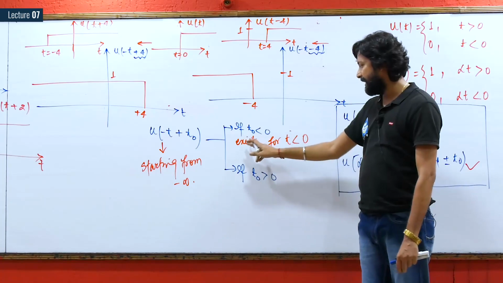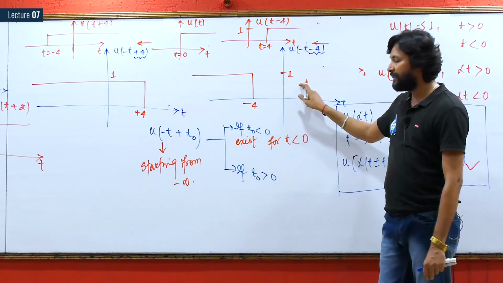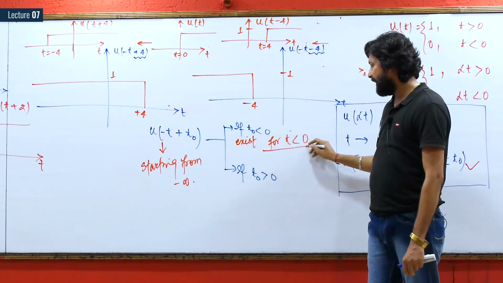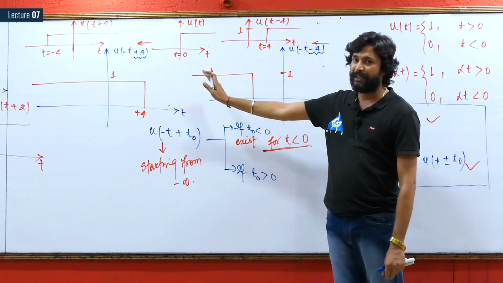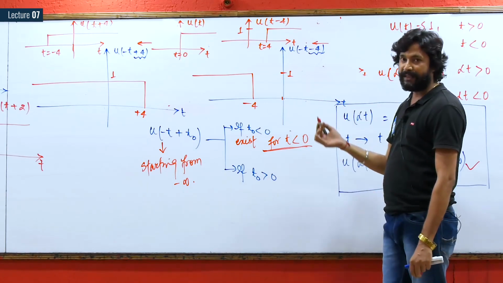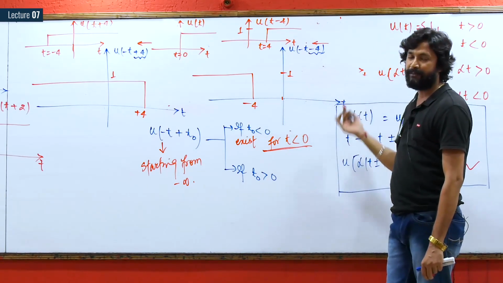So it will be existing only for t less than 0. It cannot cross this 0 boundary because t naught is negative, so it will be terminating before the origin. By this I just want to mention that this signal will be existing only in the left half of the plane. It can exist up to this point if it is negative, but the plot cannot cross the 0 point and cannot exist up to any positive value.